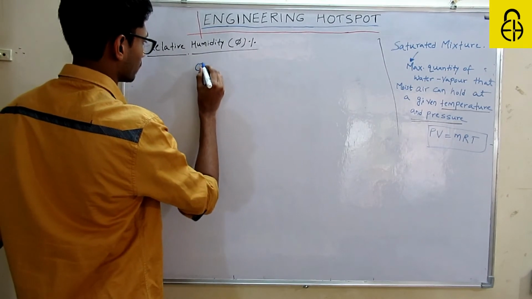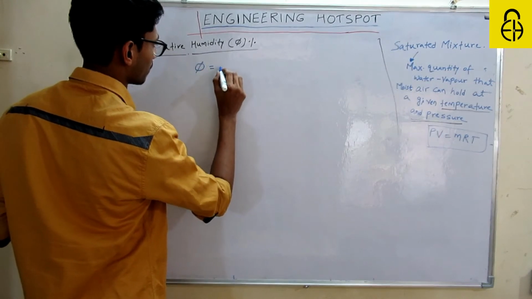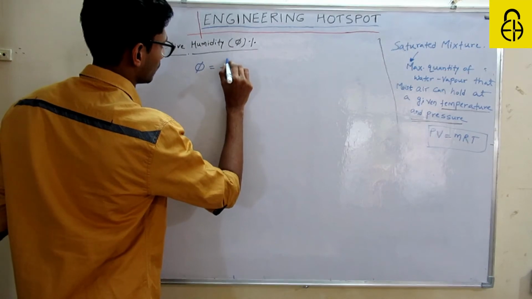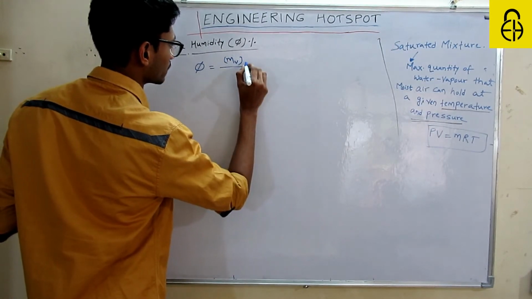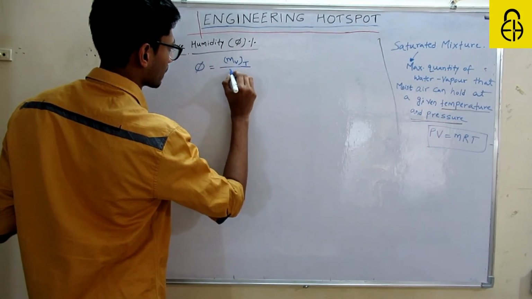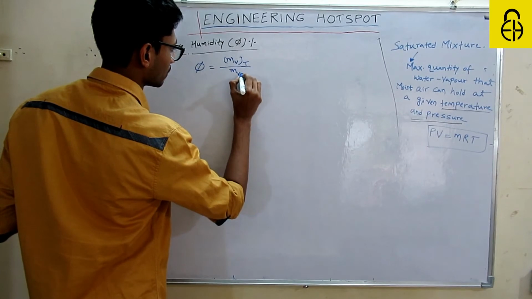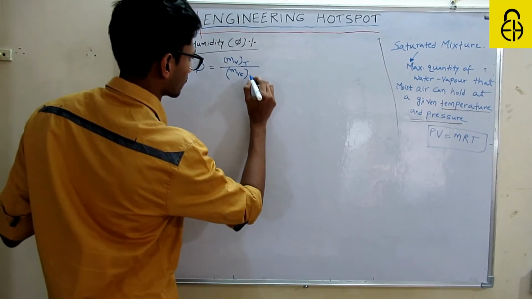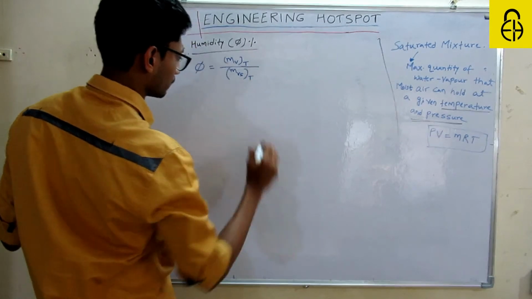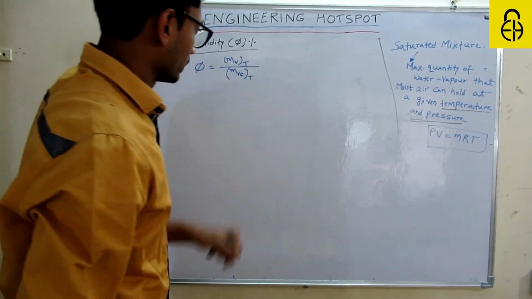So now we can write phi in mathematical form. It will be the mass of water vapor for the given air sample at some temperature to the mass of the same air sample at a given temperature when it is fully saturated.